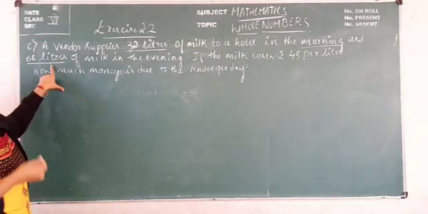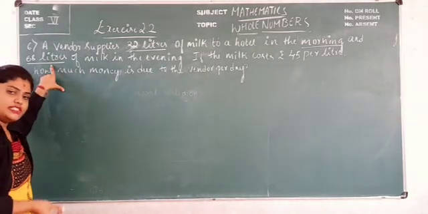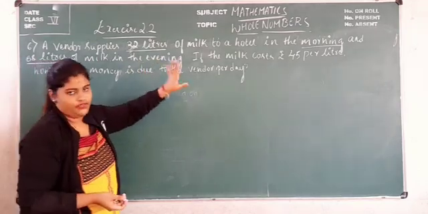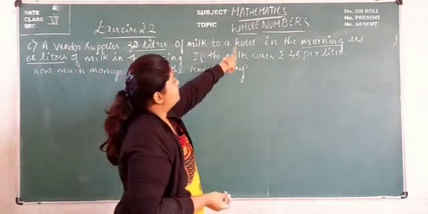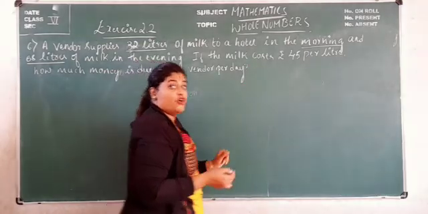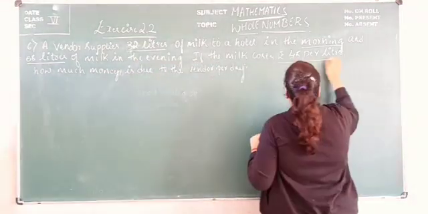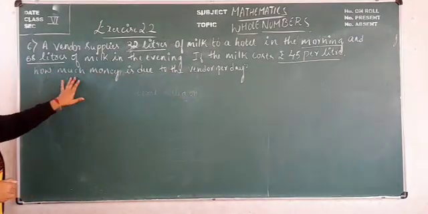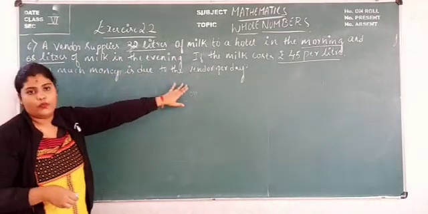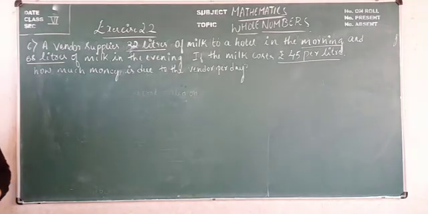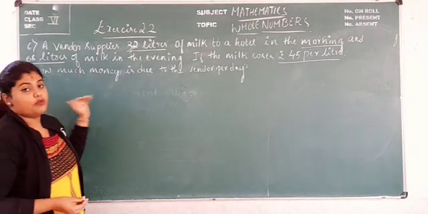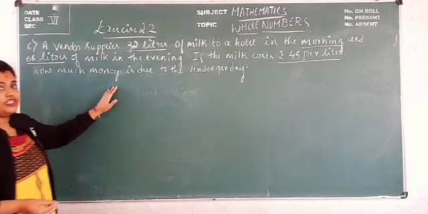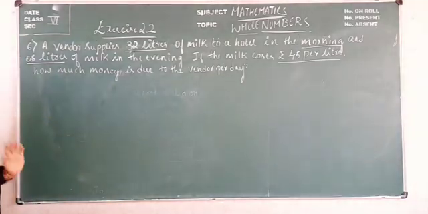If the milk costs rupees 45 per liter, how much money is due to the vendor per day? So we have to find out how much money the hotel has to pay to this milk vendor.